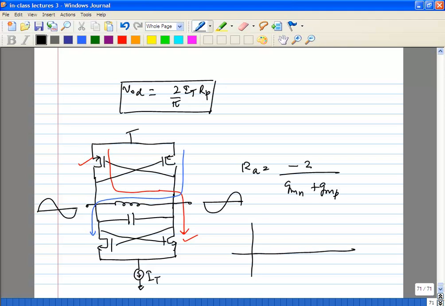So now if you plot the current through the inductor, what is it going to look like? In one half cycle it's plus IT, if you take a particular reference direction. The other half cycle it's going to be minus IT. Is that clear?